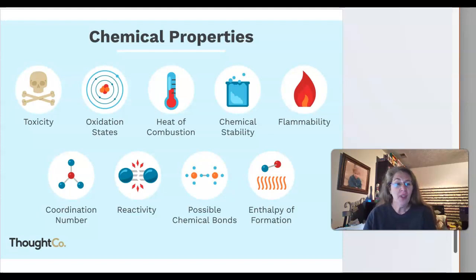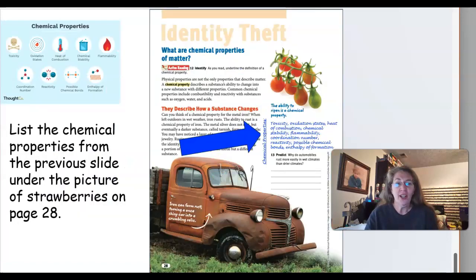In your guided notes, I would like you to place a list of those chemical properties underneath the picture of the strawberries on page 28. You can see that I've titled my list chemical properties off to the side and underlined it. And that's the end for this set of slides.